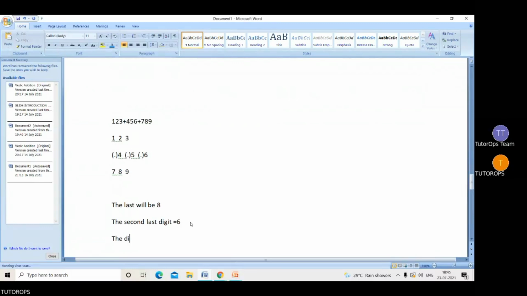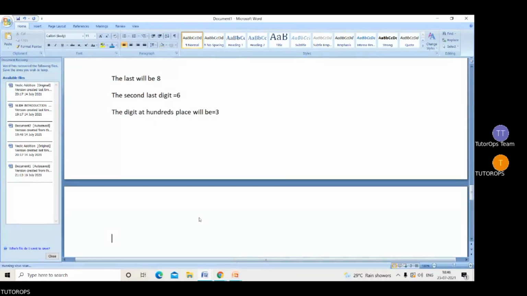So the digit at 100th place will be, how much? 1 plus 7, 8. 8 plus 4, 12. And 12, we are taking another dot out. So 2 plus 1, that is 3. And finally, the first digit will be the dots left.